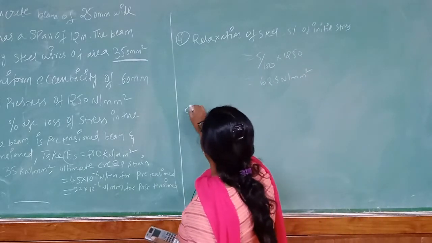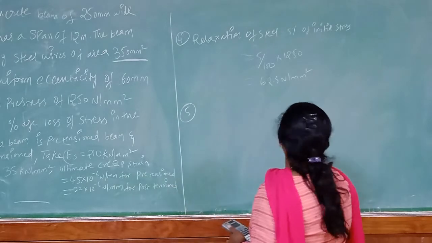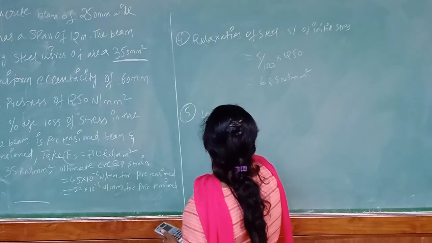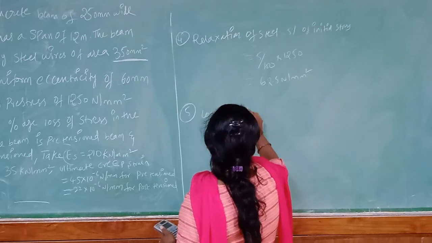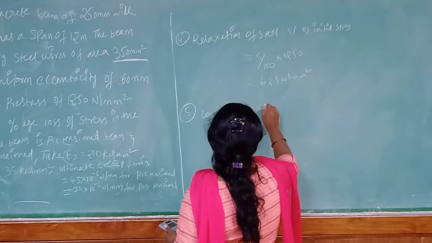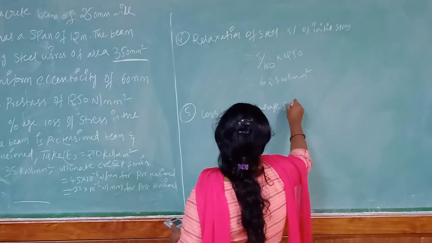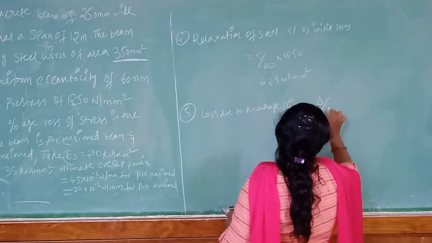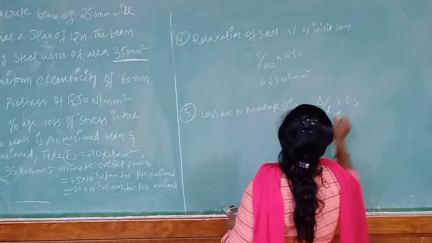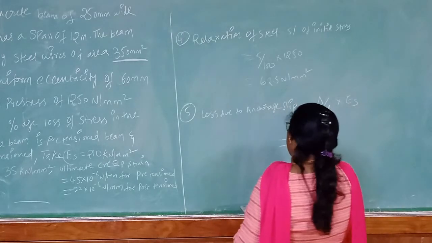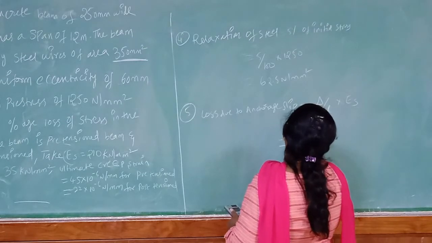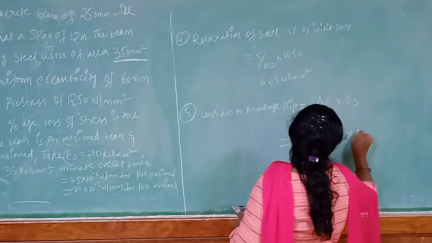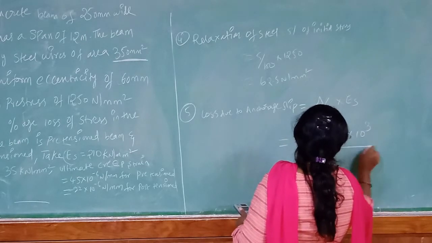Now the fifth one comes into the picture, that is nothing but the loss due to anchorage. What is the formula for that? Right, here delta is taken as 1.25 into 210 into 10 to the power 3.